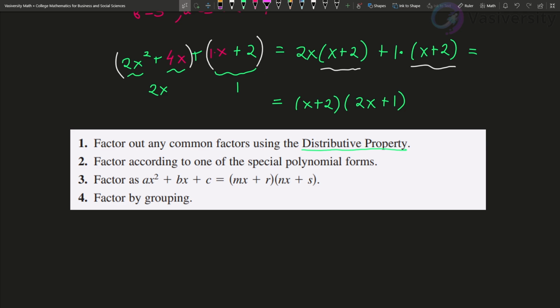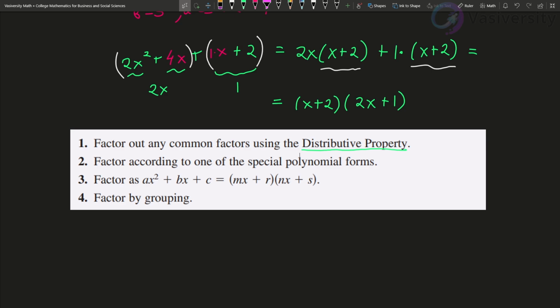Then we can factor it by using ax squared plus bx plus c, which is the cross method, or we can factor it by grouping. Most of the time grouping works well on polynomials of a higher order, like a cube or a fourth power. Oftentimes it helps to factor out more nicely.